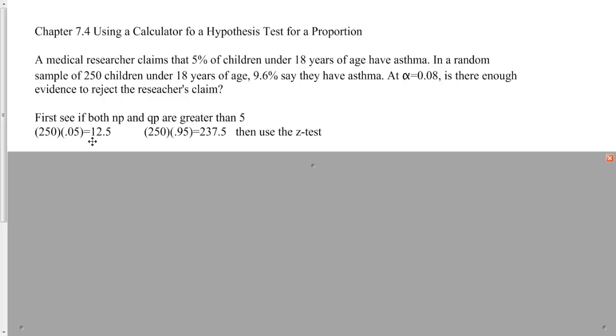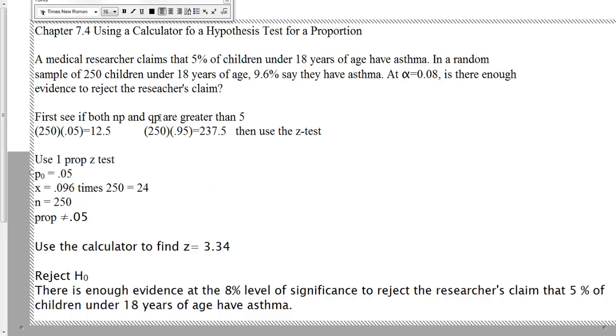You'll use the one proportion z-test if n times p, where p is 5% and n is 250, so n times p is equal to 12.5. That's greater than 5. Then I have to try n times q. Excuse me, let me back up and put an n there.